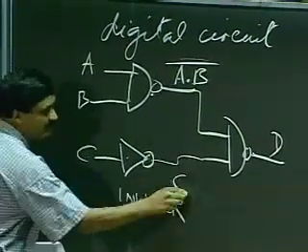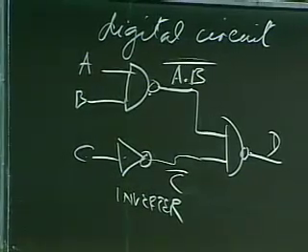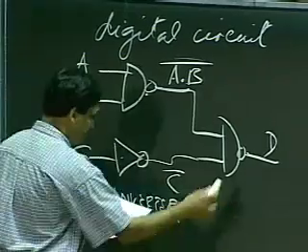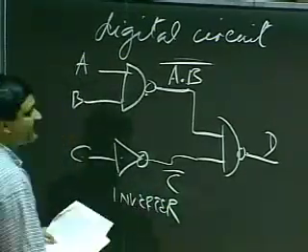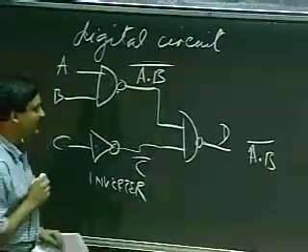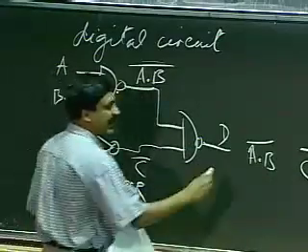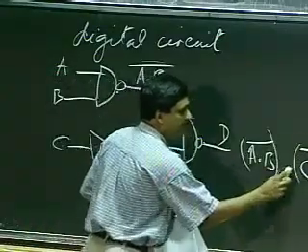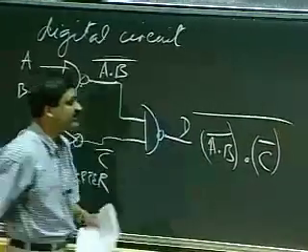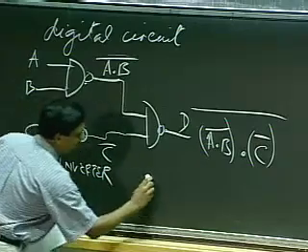This is C here. So this is my output, C bar. And this is a NAND gate. So it takes one input, A dot B, takes the second input, C bar, and ANDs those and inverts them. Okay? So that's the output. So there are 3 gates in this example.